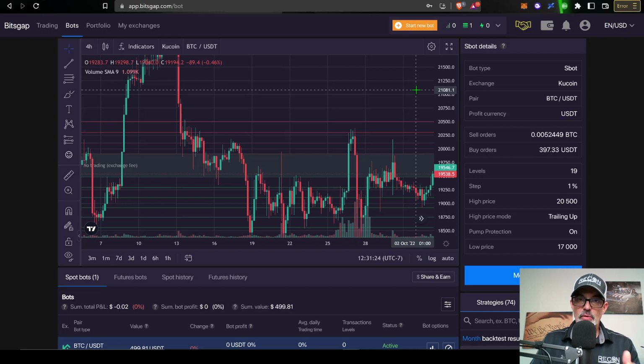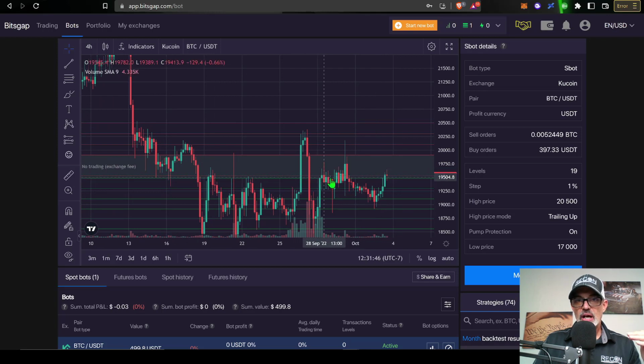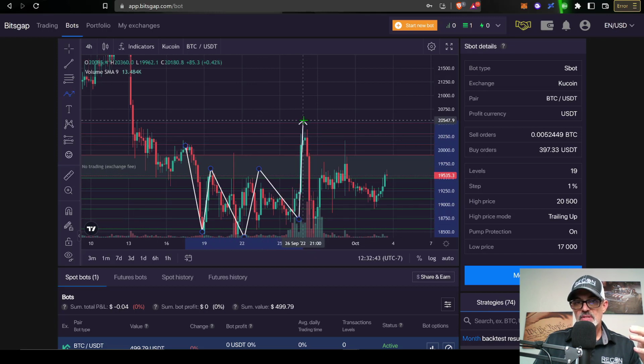Now, it's important to remember once again that volatility will really determine how profitable this grid bot is. If Bitcoin starts to just trade sideways and grind essentially in a flat line, the 1% grid step spacing may not be that profitable. However, if Bitcoin's price can continue this type of volatility where it dips and rips and continues to dip and rip, then that 1% grid space could be very profitable.